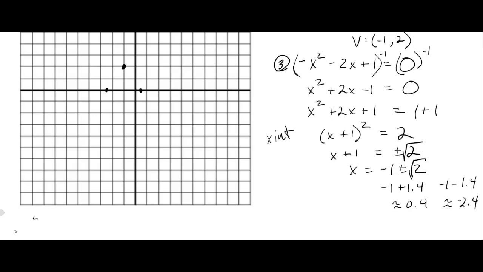All right, and then in step 4, we want to find the y-intercept. So f of 0. So you're putting 0 into the function. But what happens? Well, that's 0, so you just get 1. So 0, 1, which is right here, that is the y-intercept right there.